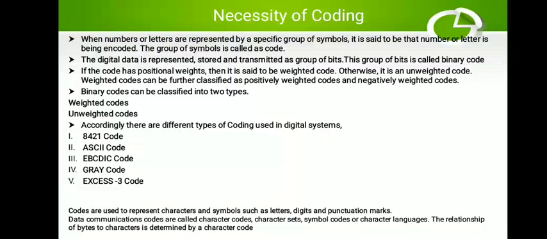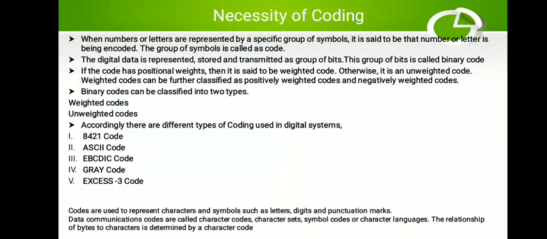Today we are going to see the necessity of coding, or basically what a code is. Code is nothing but a group of symbols which may be represented by numbers or letters. These codes are a representation of information or data in a particular format.